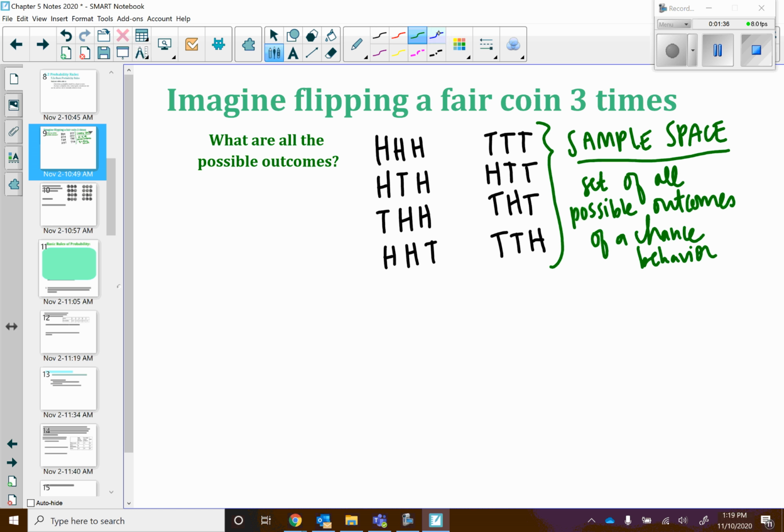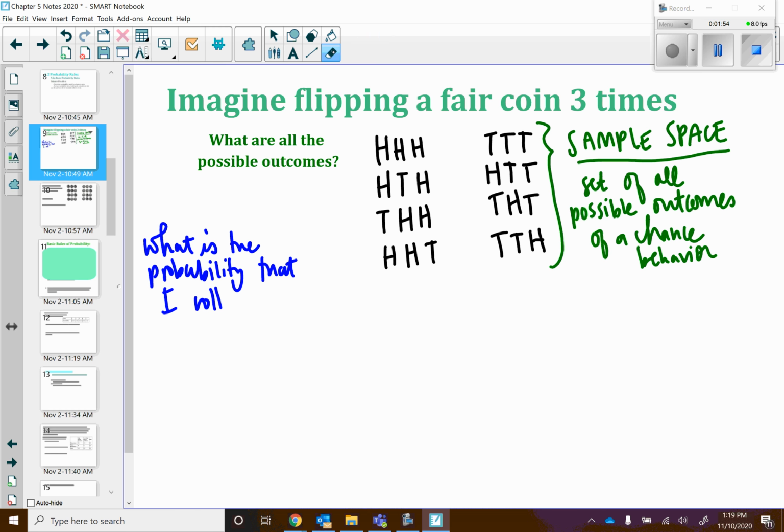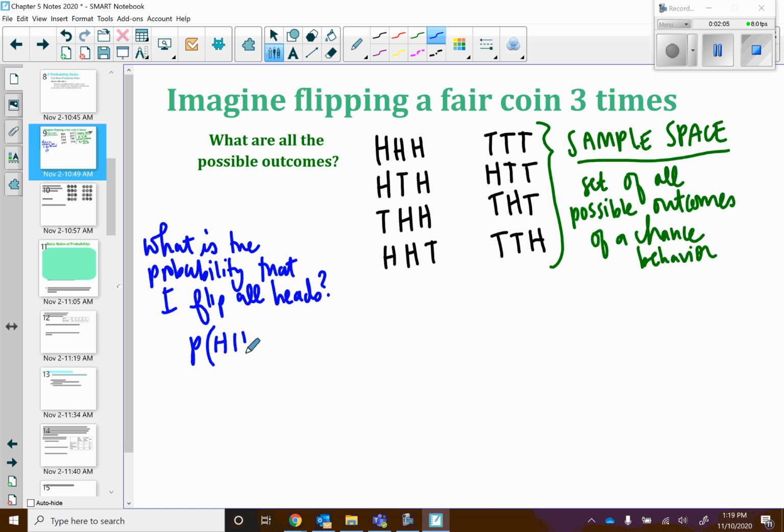So what if I asked, what is the probability that I flip, I'm flipping a fair coin, right? If I flip all heads, the probability that I get 3 heads.